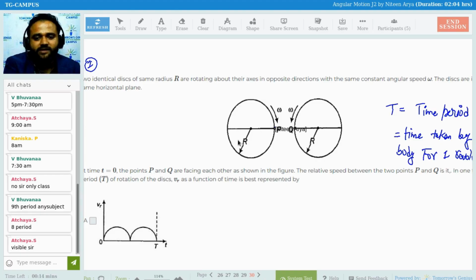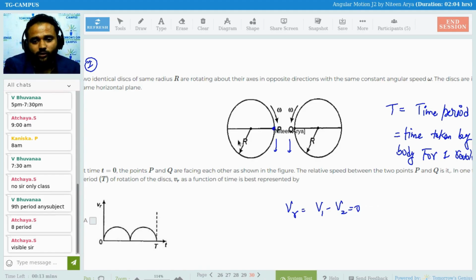If it starts from this point and comes back to this point again, that is a time period. We have three conditions. V1 is this, V2 is this. Initially the relative velocity is 0 because both are in the same direction. Relative velocity is V1 minus V2. Clear?